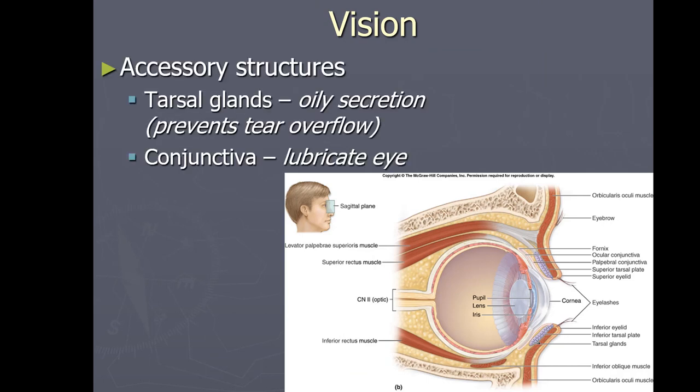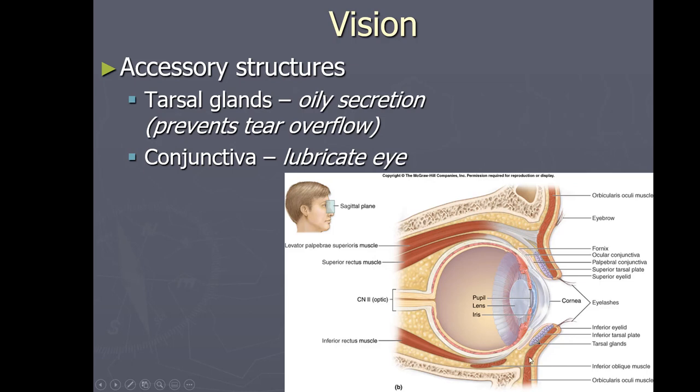Other accessory structures, we have tarsal glands that secrete this oily secretion, located here, and thought to prevent tears from getting too excessive. And then the conjunctiva, which lubricates the eye, are these things right here.